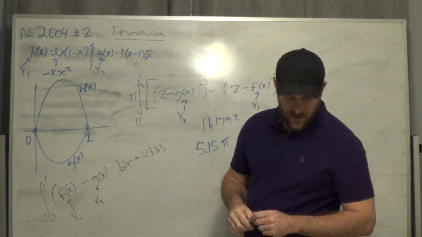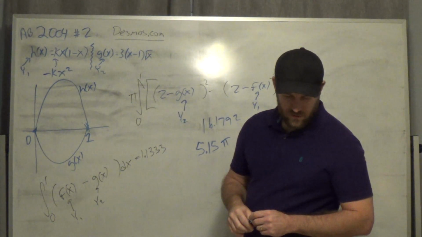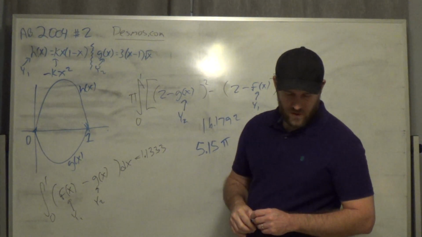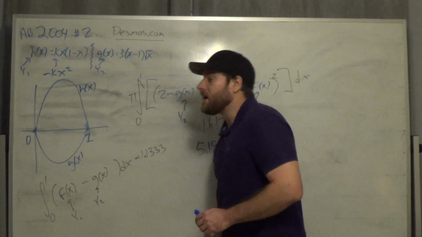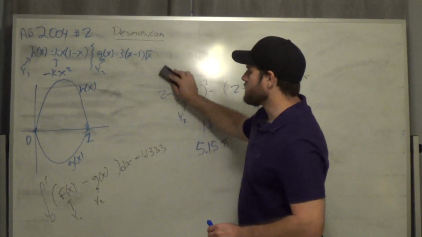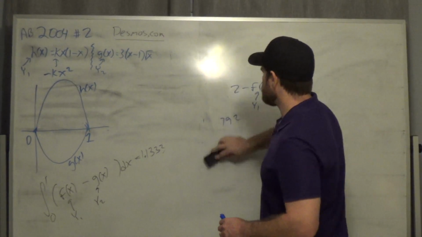And it says we're going to chop, chop, chop, make some cross sections perpendicular to the x-axis, and we want the volume to be 15. Okay, and thankfully they say don't solve, setup only. So we'll do that.